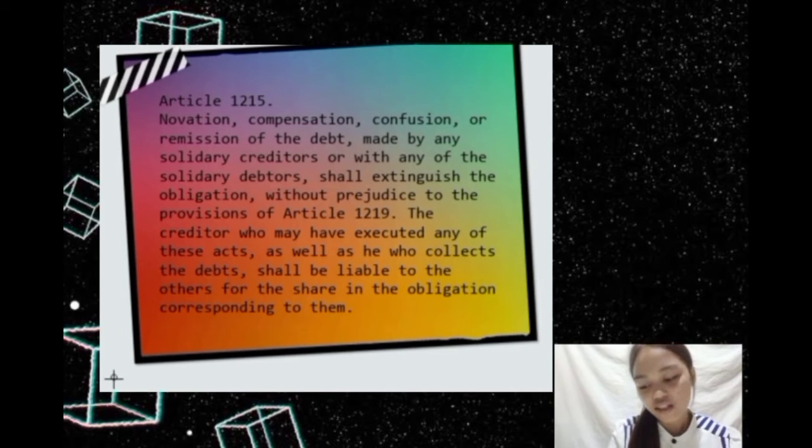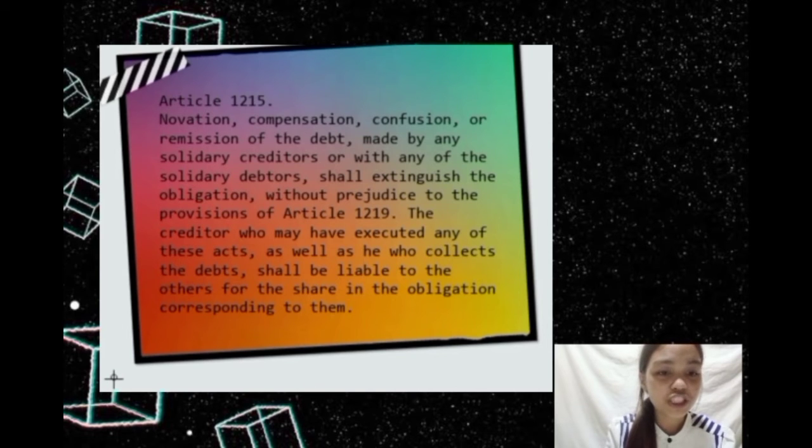Then, also, Princess is liable to Jad for 250,000 pesos. Also, Kate is liable for Dayan for 250,000 pesos. The next one is the confusion.